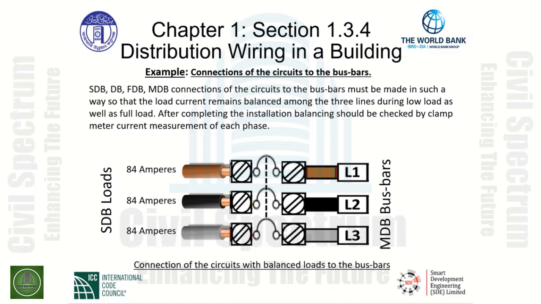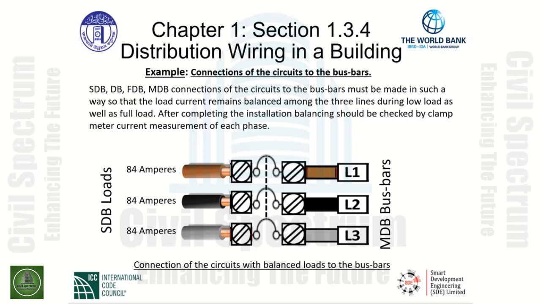I have in front of us the feed from a main distribution board. We have a breaker that controls or verifies overcurrent protection as a limit. If that was a 100 amp breaker, we have balanced loads coming back of 84 amperes in each phase. L1, the brown phase, 84 amperes.